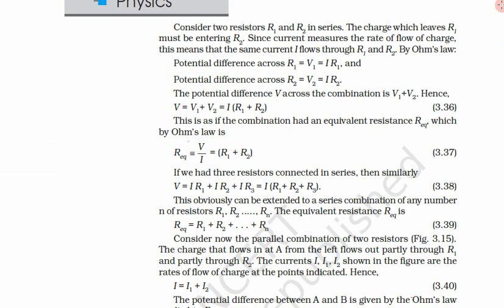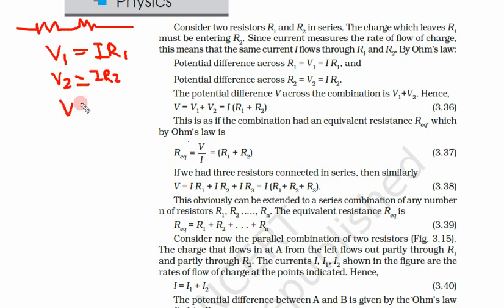Again from Ohm's law, the potential drop in the previous case, where we had series resistance, was V1 is equal to IR1, V2 is equal to IR2, and total potential drop V is equal to I R equivalent. So this was the case.